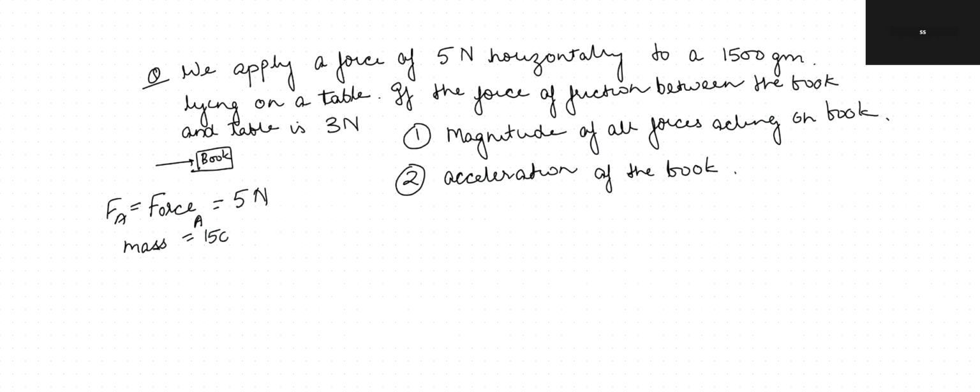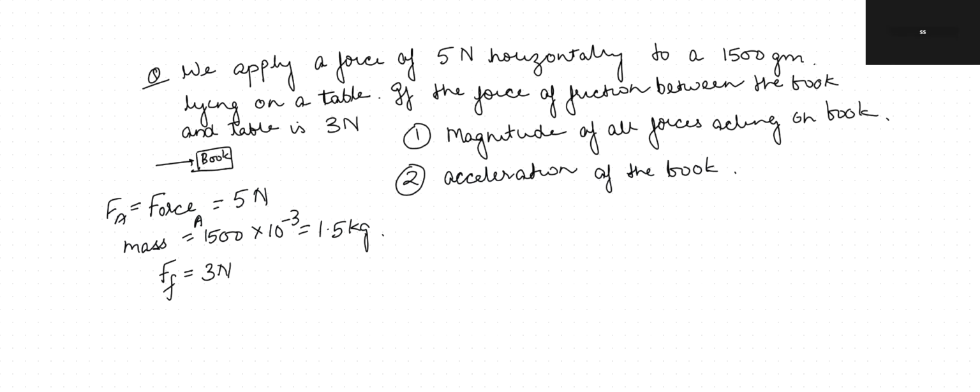So we can change it into kg. So this gives 1.5 kg because Newton is kg meter per second square. Okay. And the force of friction, which opposes motion, so it is always in the opposite direction to the motion, is 3 newtons.